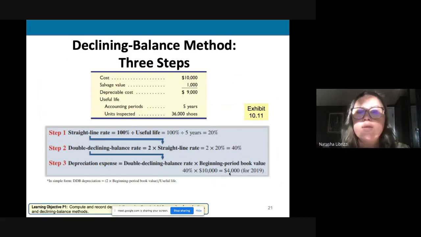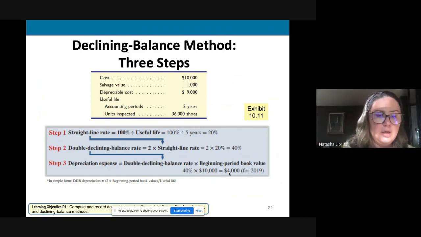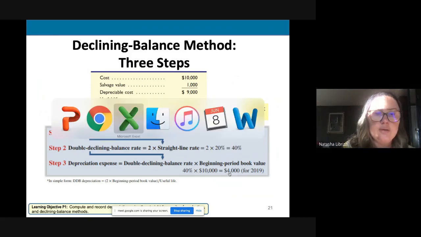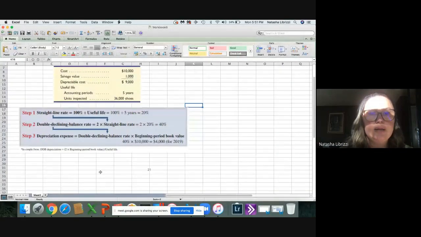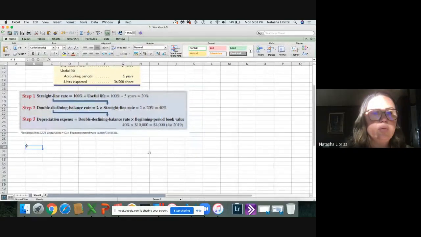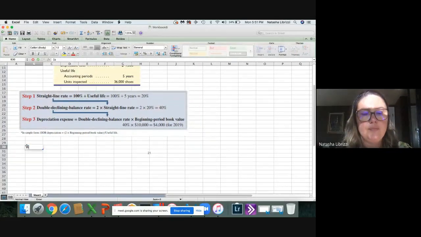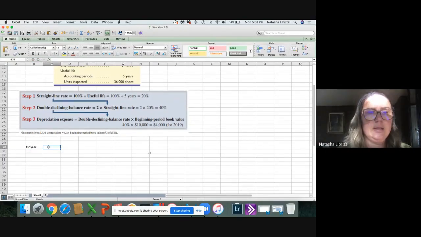Okay. So I'm actually going to jump into Excel here. I prepared this little sheet for us, and we're going to continue with that. So my first year, whatever that year was, 2019, we have 40% rate. We already determined that. So I'm going to say 0.4.